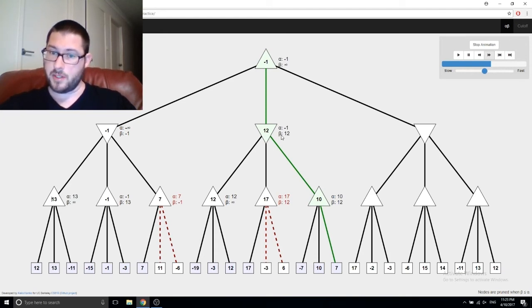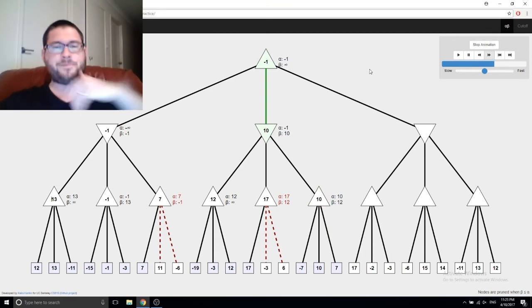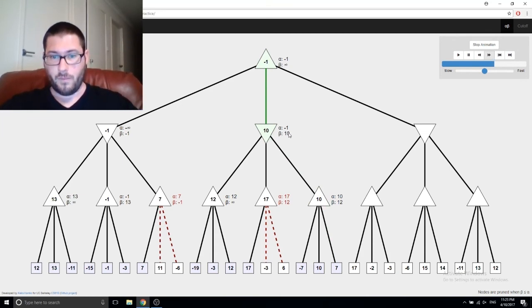So it will compare 12 and the value that's returned from this child, and it will pick the lowest of those two to be the new beta value for this node. Here we go. And now, because the value of this node is 10, this is the value that will be returned to this parent.